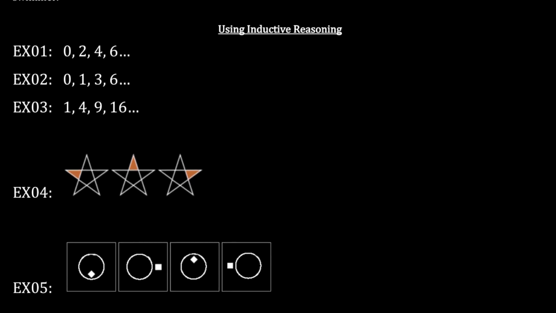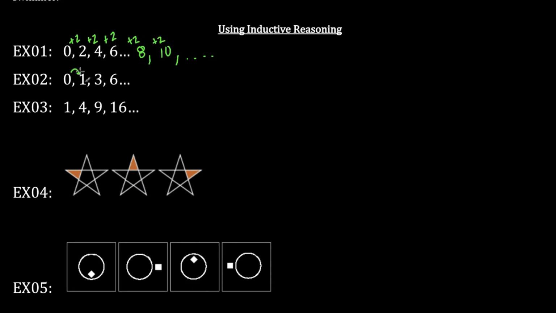So let's use it to continue some of these patterns. If you look here, 0, 2, 4, 6, we keep adding 2. So we can conclude that the next term would be 8, the next term would be 10, and so on, because we're just adding 2 and adding 2. Let's look at example 2.